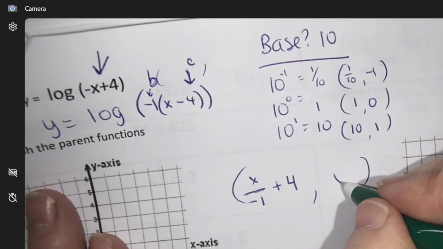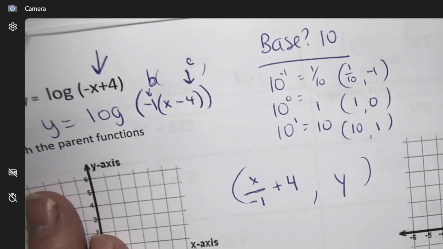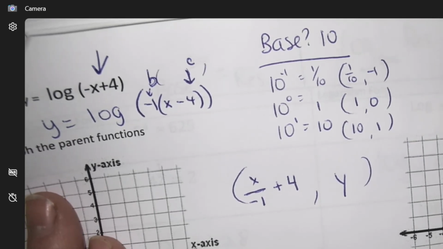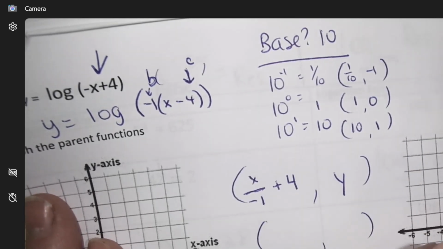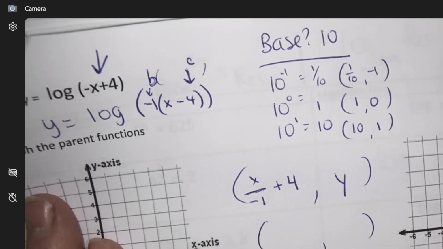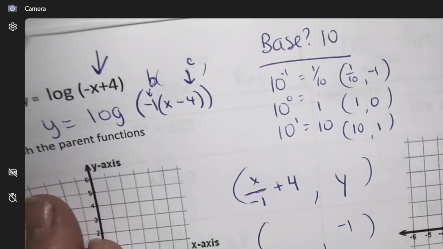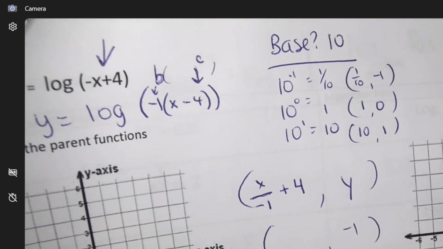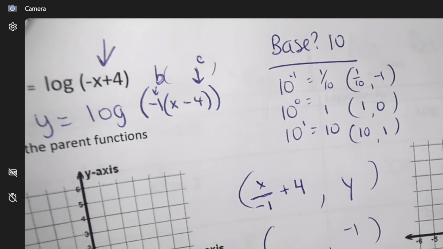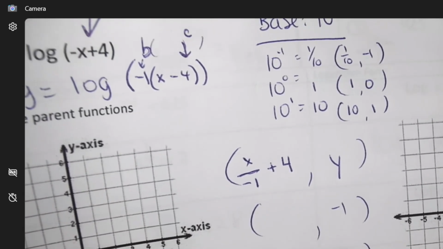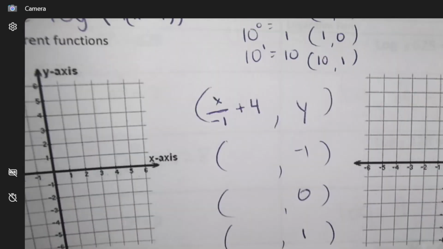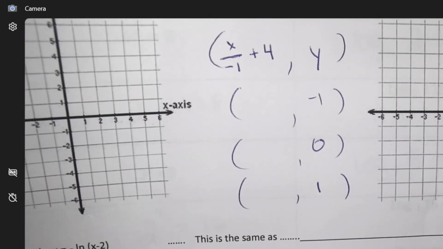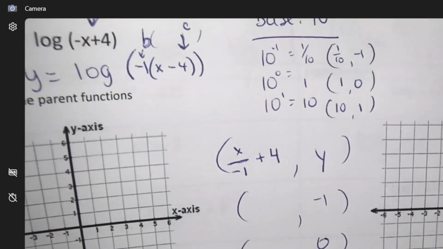And then nothing to the y's because we don't have an A or a D. How about should we make a deal here? I'll do all the y's and you guys can do all the x's. Sound like a good deal? Okay.